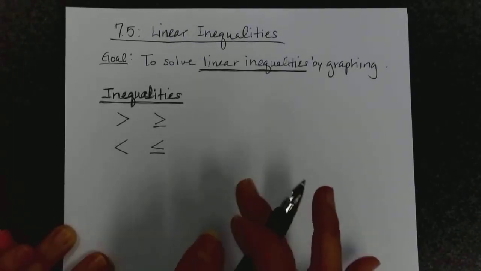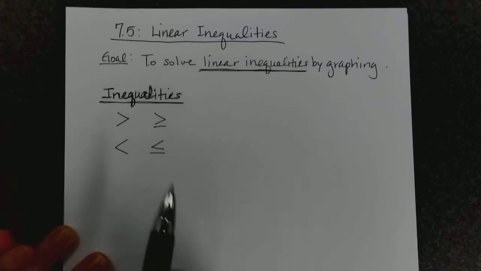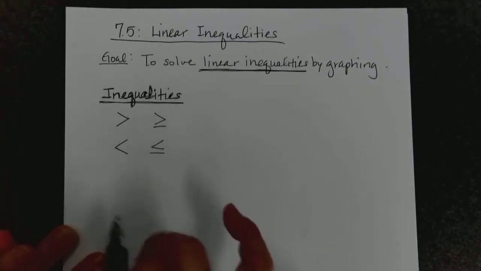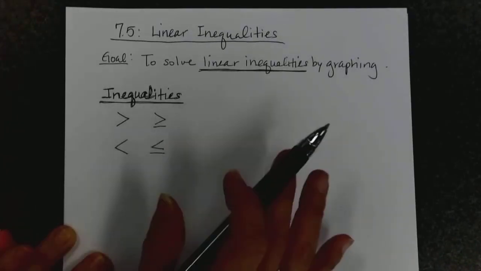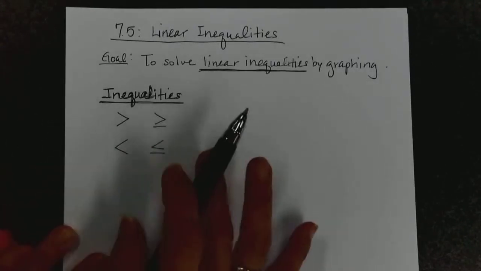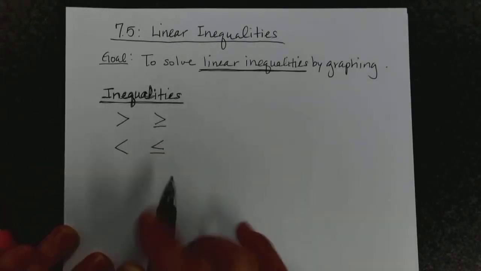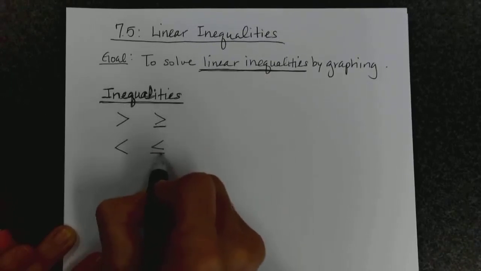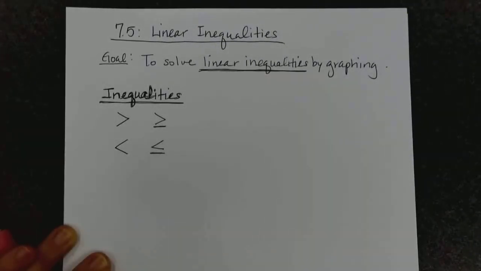When we had the greater than or less than symbol, because it doesn't say or equal to, we did an open circle and shaded to the right or left of that number. And remember, when we had greater than or equal to or less than or equal to, we made it a closed circle.